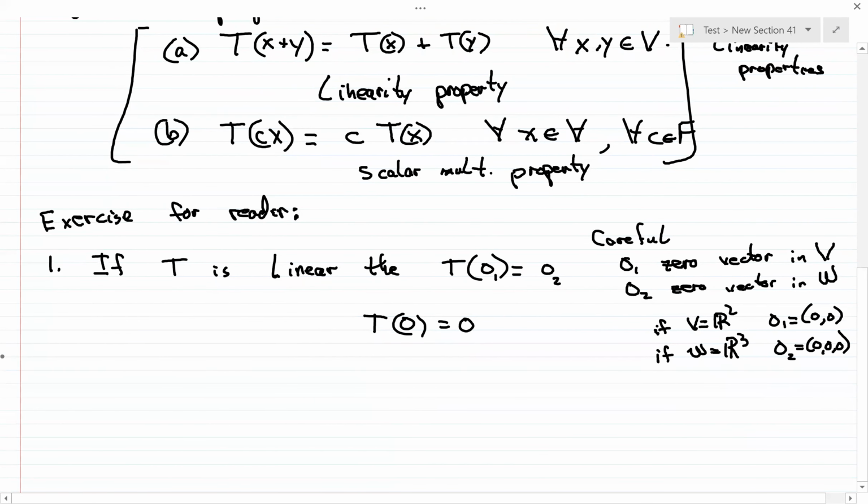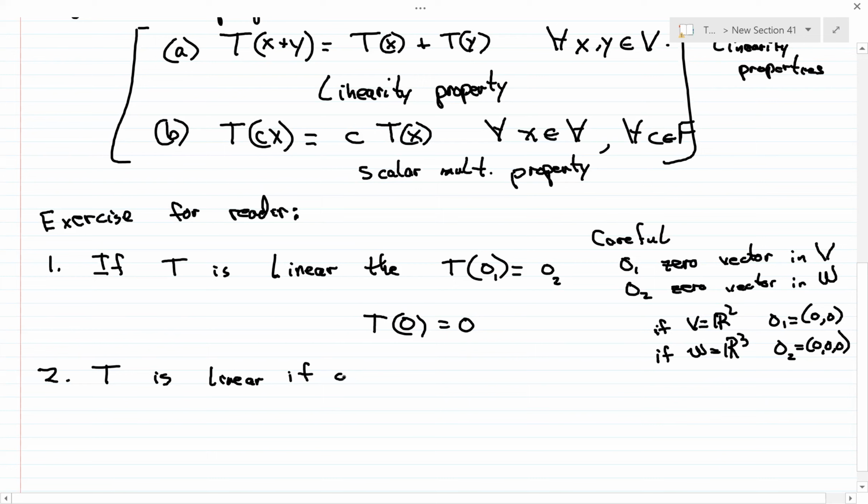Let's look at the other properties. Property 2: T is linear if and only if we can write this. And again, linear is just short for a linear transformation.